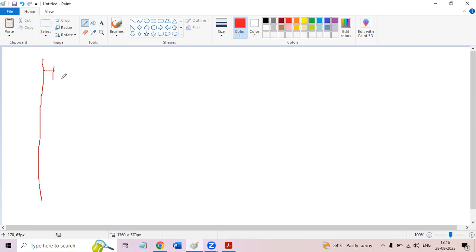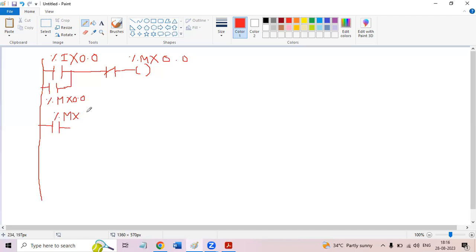Like you see, when I take here %IX0.0 and we latch it with flag %MX0.0, from %MX0.0 we can take %QX0.0.